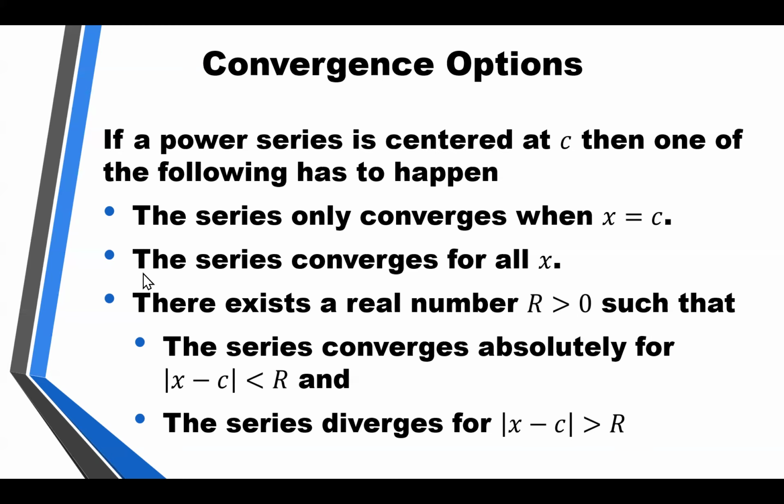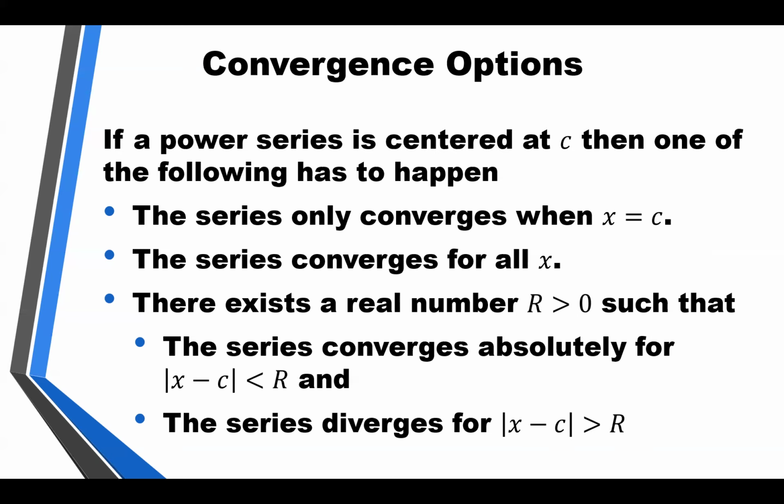But if exponential growth is not the fastest growth around, then we're in the first two cases. The series only converges when x equals c. That's a radius of convergence of 0. Or the series converges for all x. That's a radius of convergence of infinity.